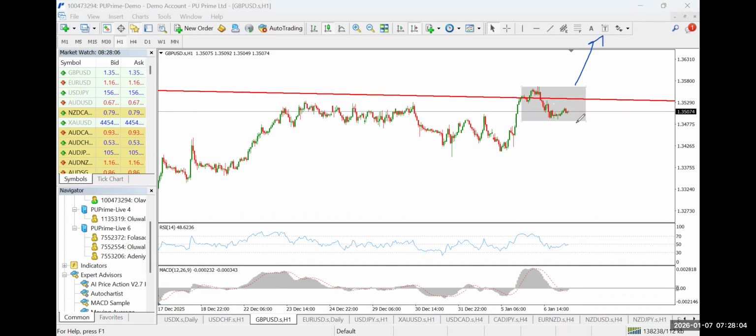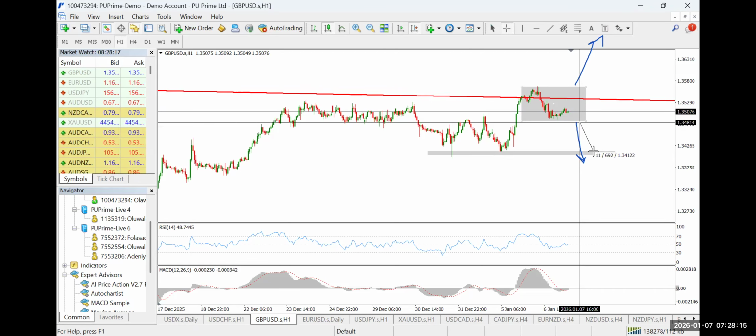But on the other hand, if it breaks out to the lower side, you may sell GBP USD to the next support zone. That can give you close to some 60-70 pips. But if it's to the upside, let's check out how far that can go.